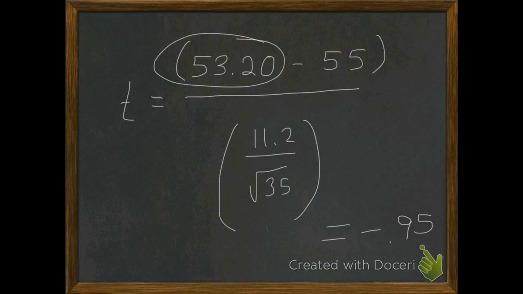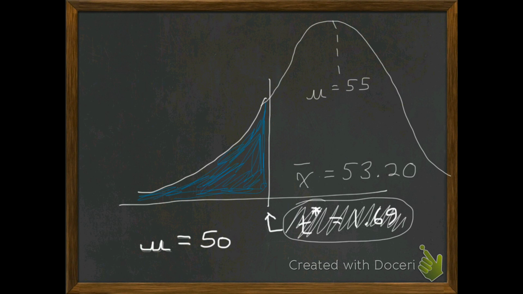So back in this distribution, in the mean of 55, the sample mean of 53.20 is 0.95 standard errors below the mean.